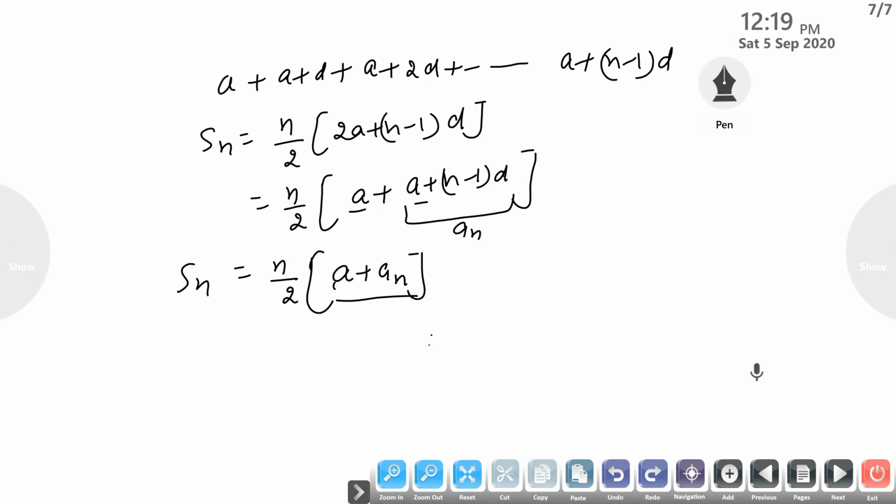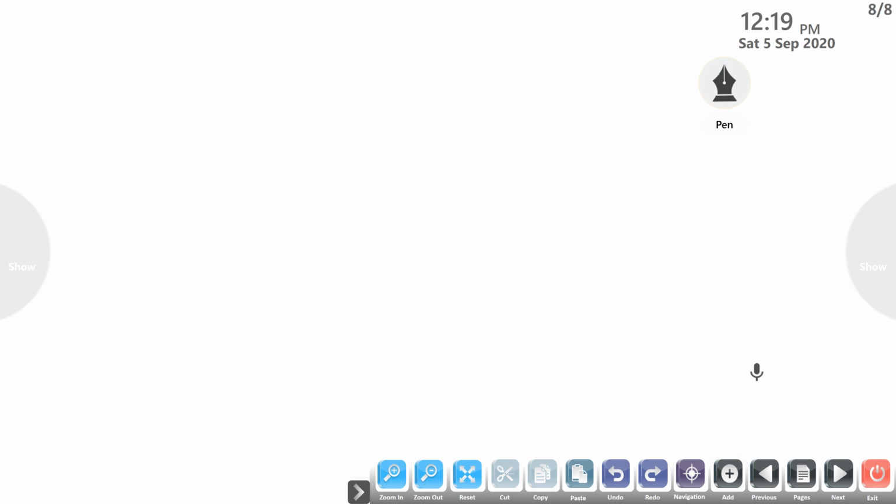Now we discuss how to find the arithmetic mean of a sequence. Let us take any two numbers a and b. We have to find their arithmetic mean. How to find the arithmetic mean of the AP?